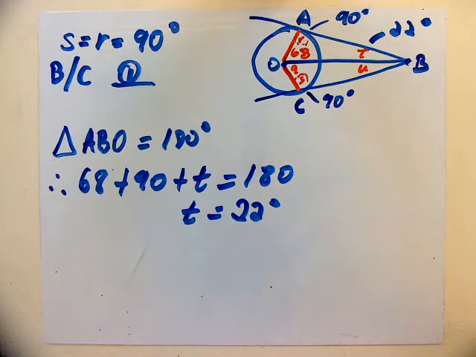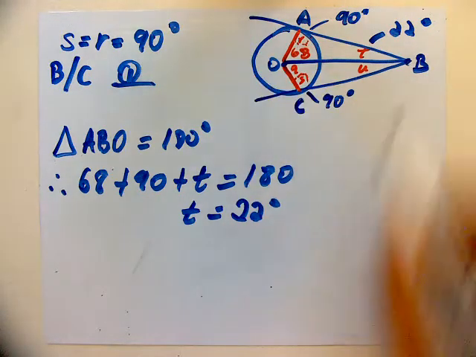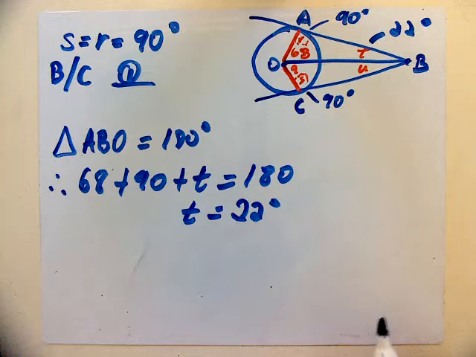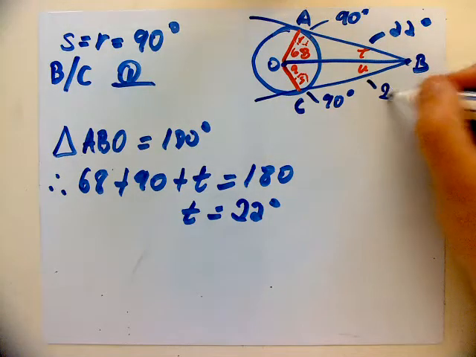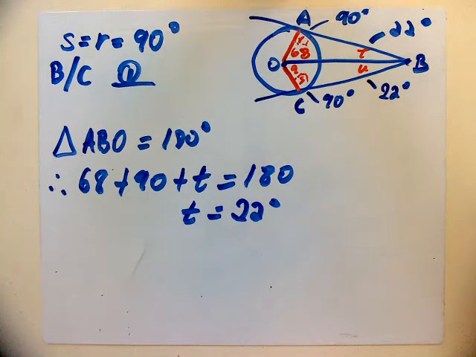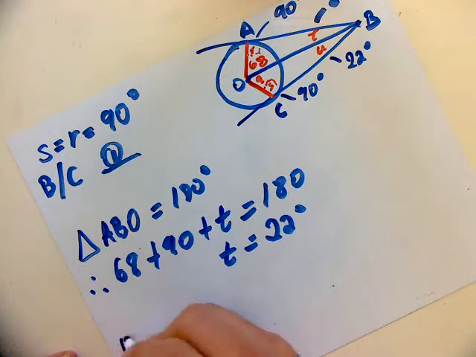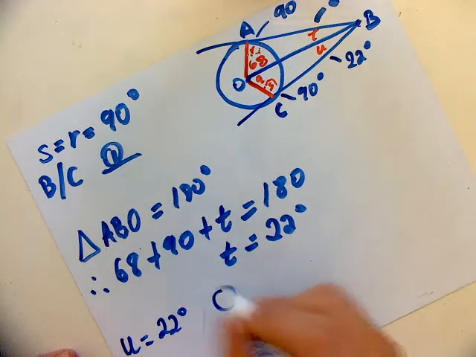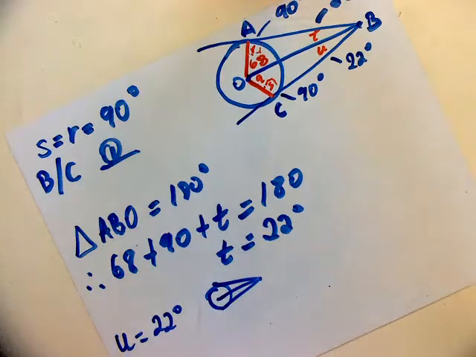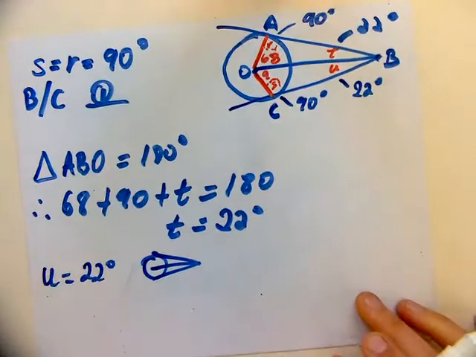And we've bisected it with the center of the circle, or the origin, and that means that the angles T and U have to be equal. They've got to be equal. So U is going to equal 22 degrees, because of our fifth theorem.